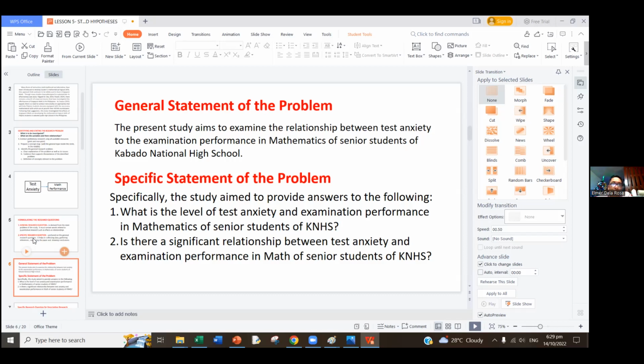So pag nakita mo na yung statement of the problem, alam mo na kung ano yung kahihinatnan ng research. Alam mo na kung ano yung method. Correlation lang ito. Self-survey lang ito kasi anxiety. Magpapa-exam kasi may exam performance. Math kasi nakalagay yung subject. At senior students.